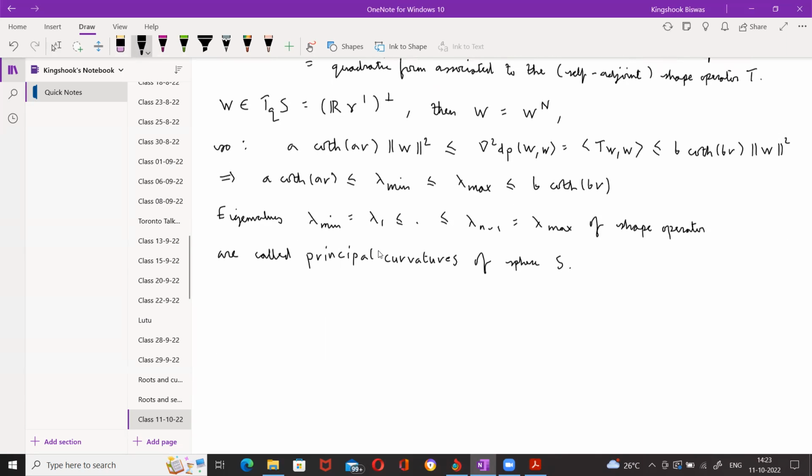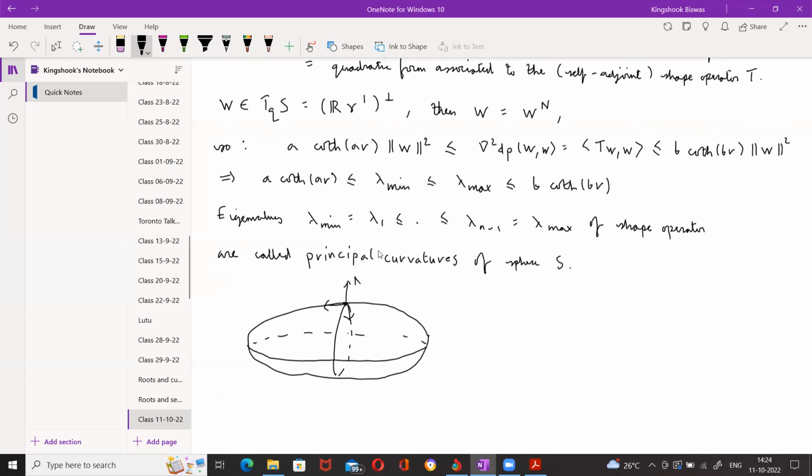So for example, if you take an ellipsoid in R3, and I take this point here, then the eigenvectors of the shape operator will be this direction and this direction.